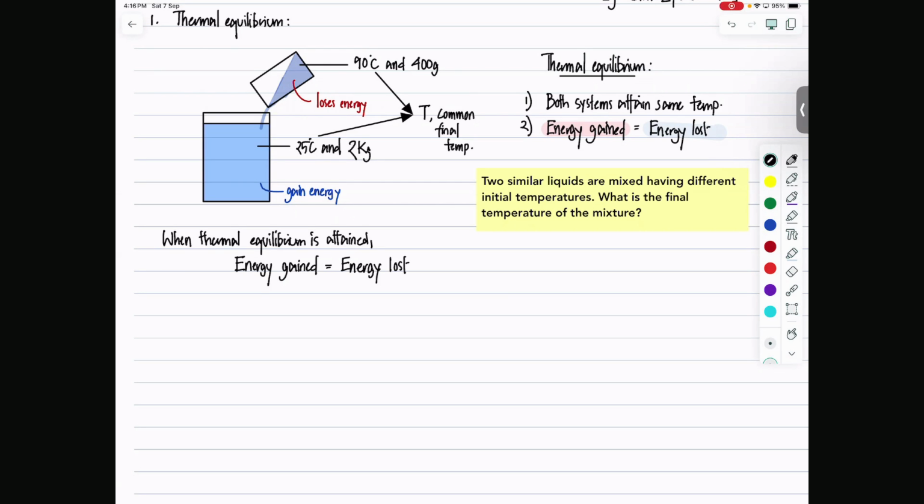What's the formula for gain in thermal energy or loss in thermal energy? MC del T, right? So that's going to be MC del T should be equal to also MC del T, because gain and loss.